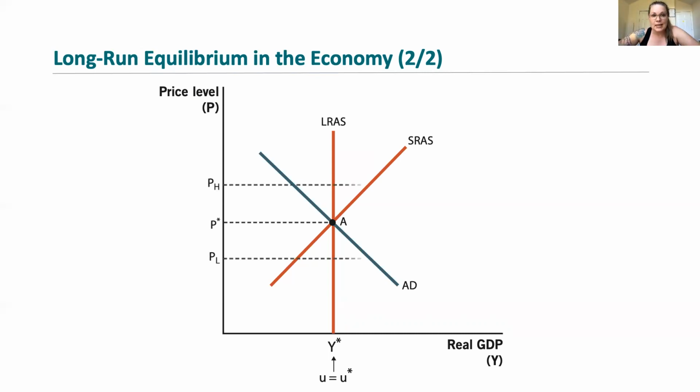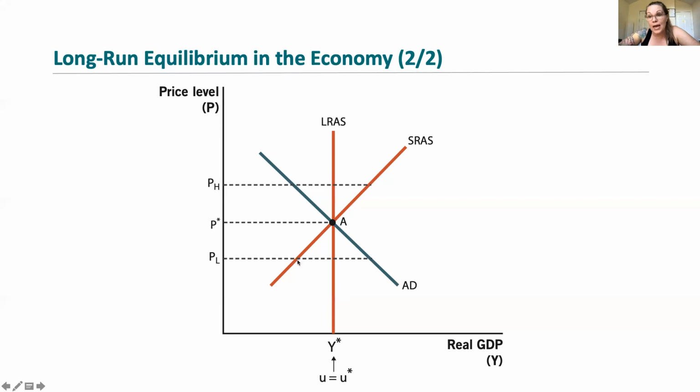Then let's say we're looking at price level changes. Okay, let's look at price level PL, which is a price level below the base year, right? So for below the base year, we're below our P star starting price level. Here, we're at a point where aggregate demand is greater than short run aggregate supply.